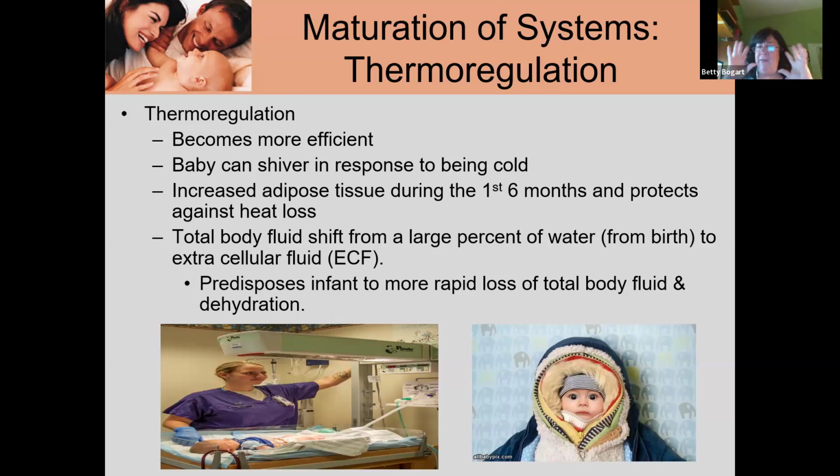We need to dry this child immediately with a nice warm blanket, put it underneath the warmer so we keep him warm. Why do we want to keep an infant warm? Well, when they start getting lower temperatures, they actually have bradycardia. Now, I learned this by one of those happenstance. I was in the newborn ICU working.